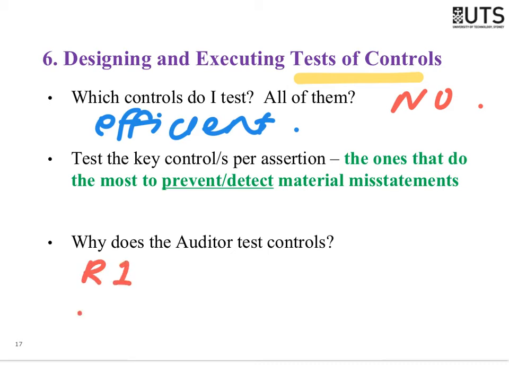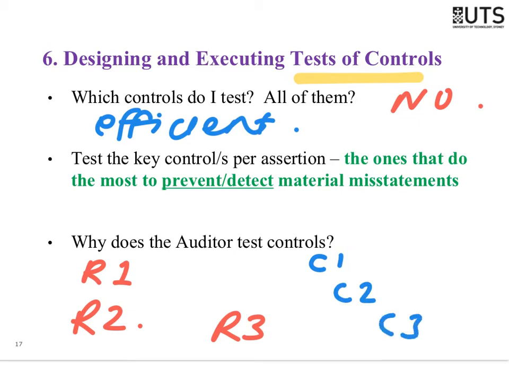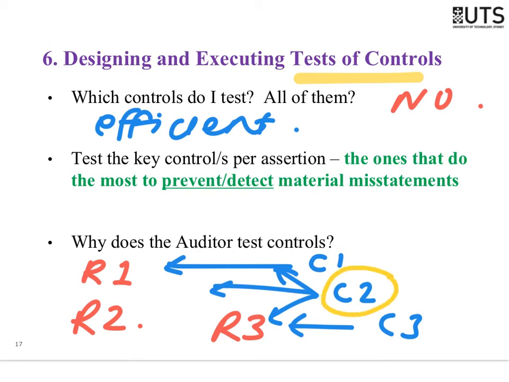If we've got risk 1 and risk 2, and risk 3, and we have control 1, control 2, control 3, and control 1 is linked to risk 1, control 2 is linked to all 3 risks, and control 3 is linked to that third one. Ladies and gentlemen, which of those controls do you want to test at least first? Absolutely. Why? You want to be efficient.